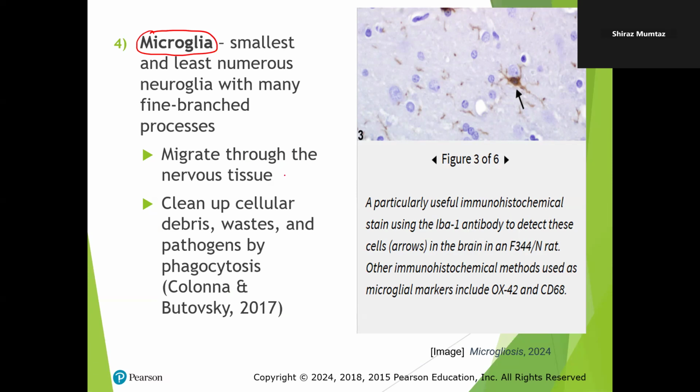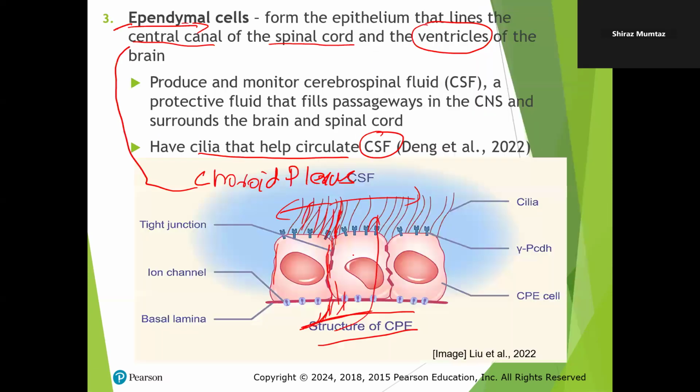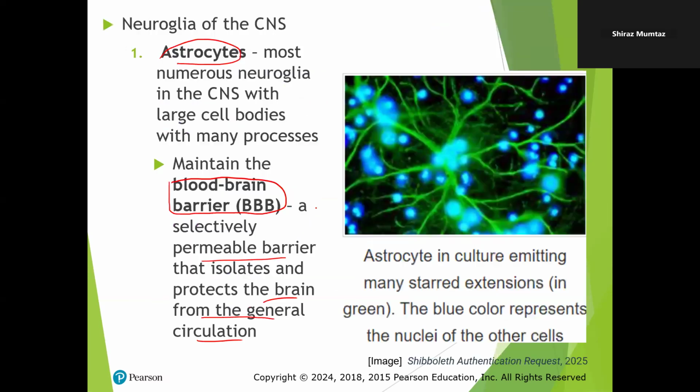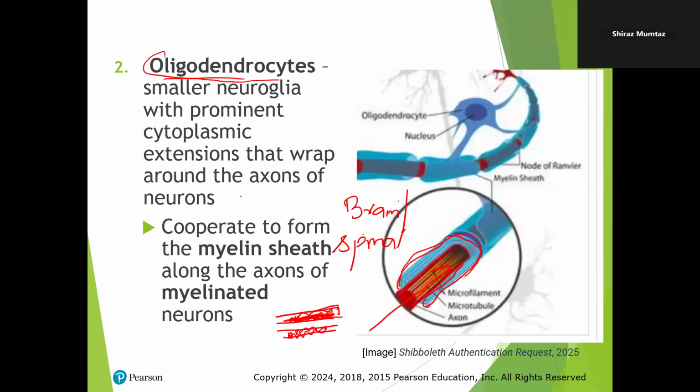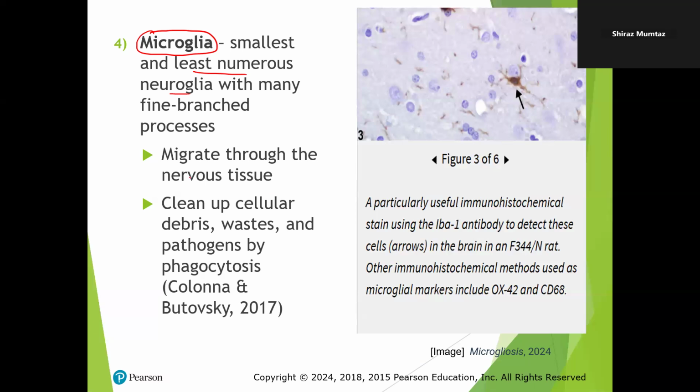They are the least numerous neuroglia because, as we discussed earlier, the astrocytes maintain the blood-brain barrier. If you have a good barrier between the normal circulation and the brain, you don't need much microglia.